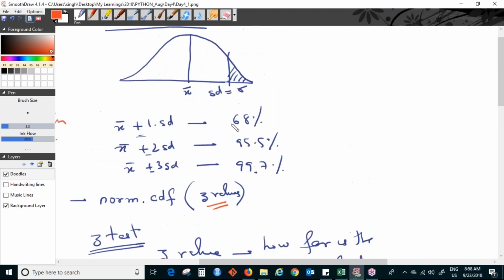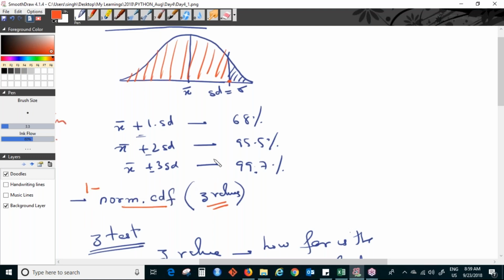Always remember, the cumulative distribution function always gives you the area from the left hand side. So if you want the area on the right hand side of a particular point, you will have to give 1 minus this value. Since we are talking about proportion, this 1 means 100%, and whatever this proportion is will mean a percentage.